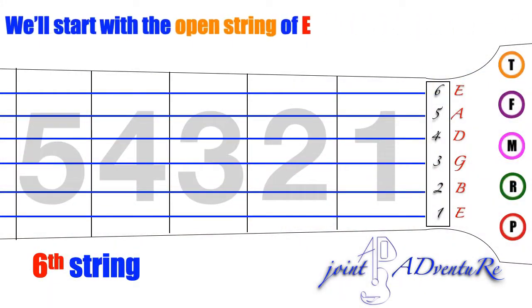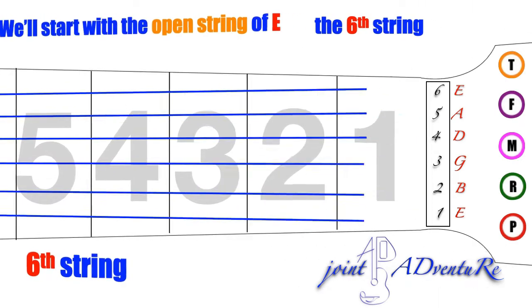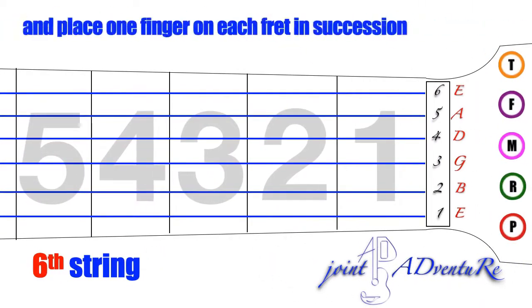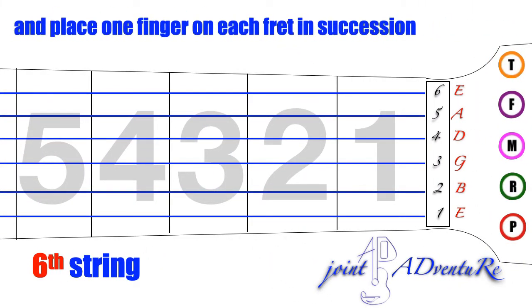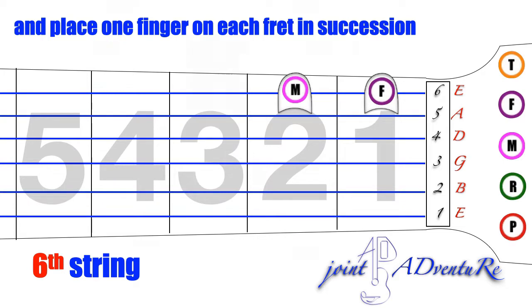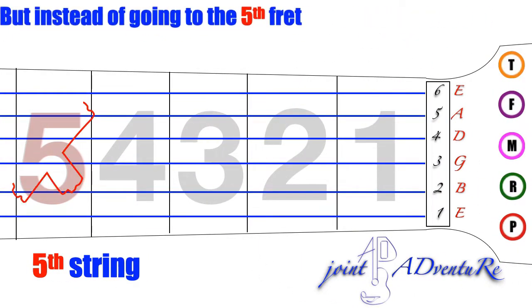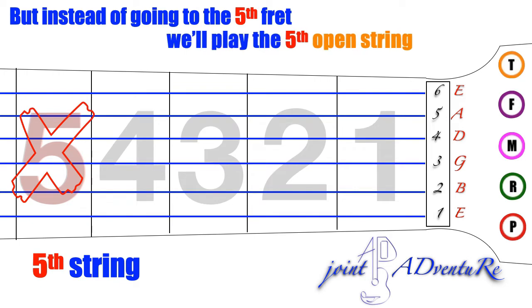We'll start with the open string of E, the 6th string, and place one finger on each fret in succession. But instead of going to the 5th fret, we'll play the 5th open string.